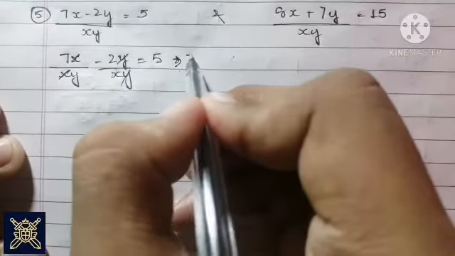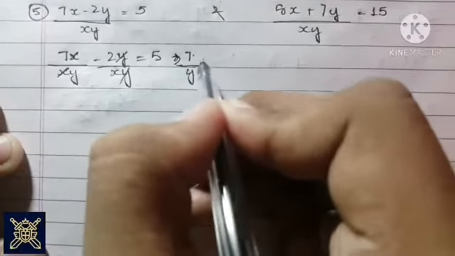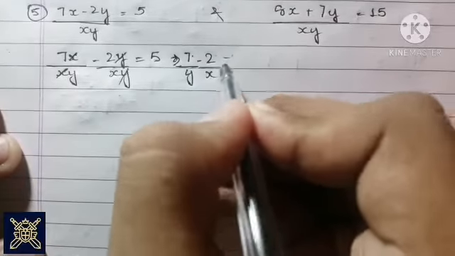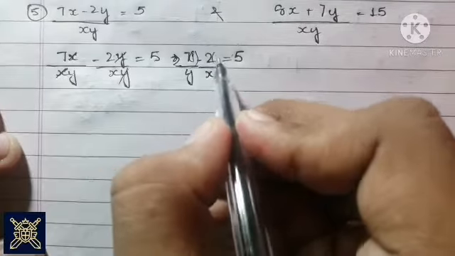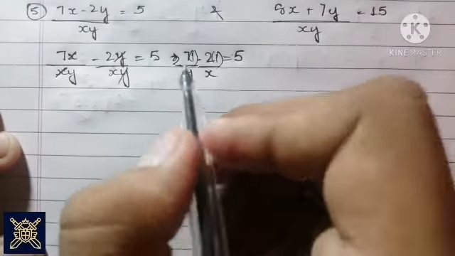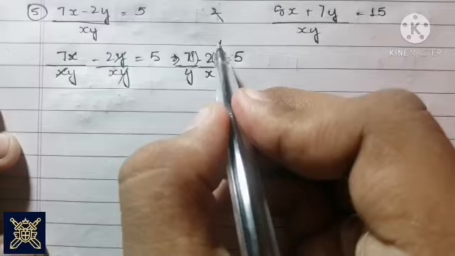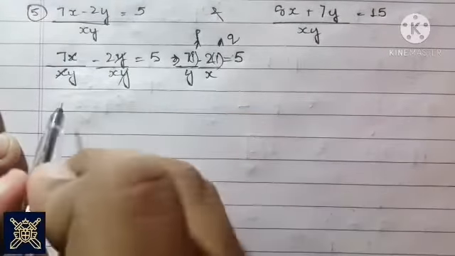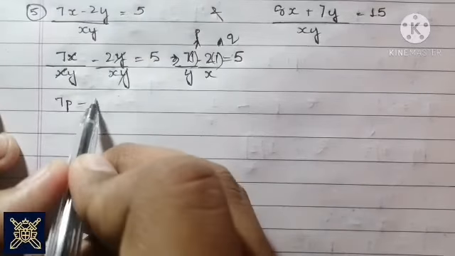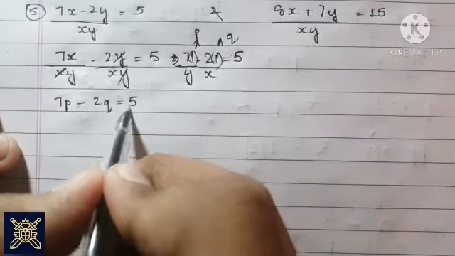Now you get 7 upon y minus 2 upon x is equal to 5. Now you can take 1 upon y as common and 1 upon x as common. So let 1 upon x be q and 1 upon y be p. So 7p minus 2q is equal to 5.